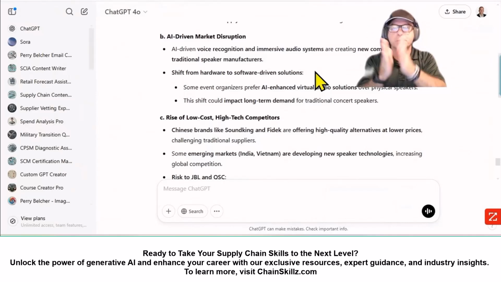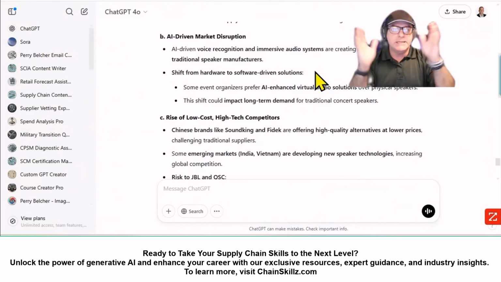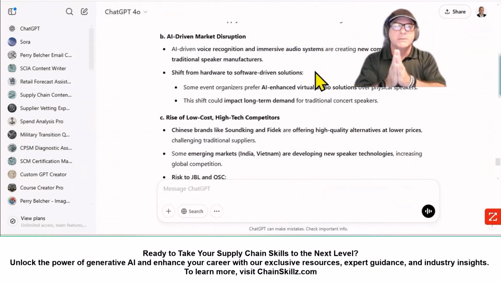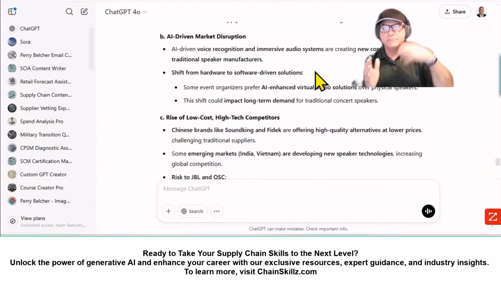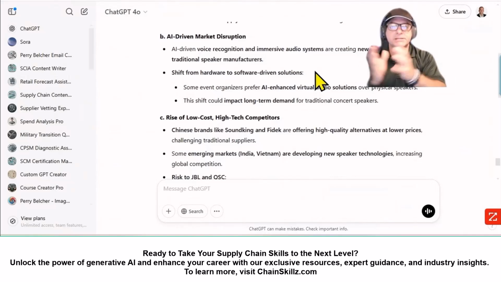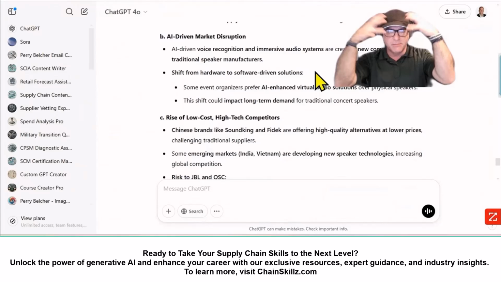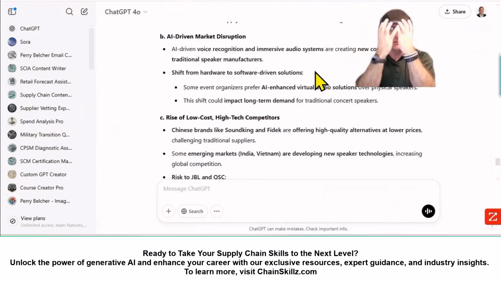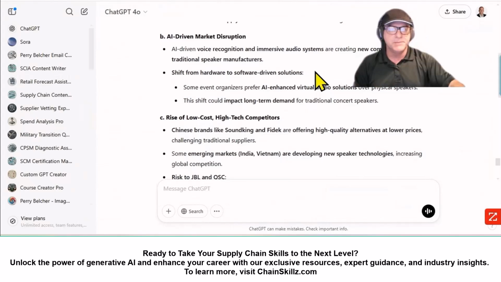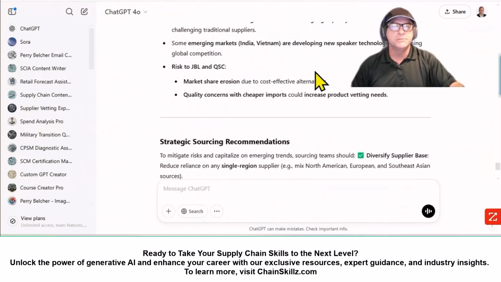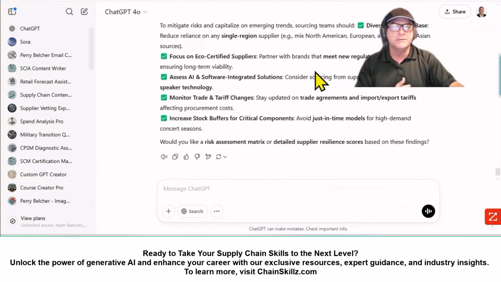If we were thinking about buying a concert system for a concert in a park and investing hundreds of thousands of dollars, how long is that going to be viable, considering the development of technology when it comes to virtual reality and immersive sound, where you can have headphones and goggles that put you in a virtual reality that people may prefer to a concert experience? So that's where we would choose to spend our money. That's why this information might be helpful.